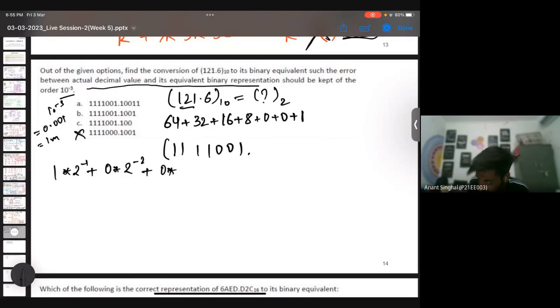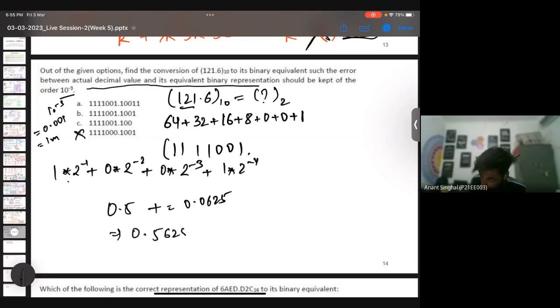Then half of that will not exceed. So 2 to the power minus 4 will be 0.0625. And then this was again 0.5. If I add them up, it will be 0.5625.